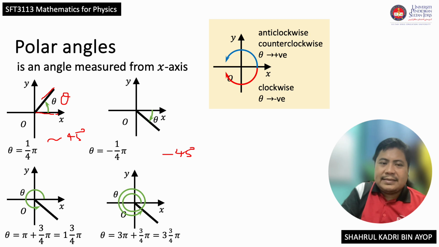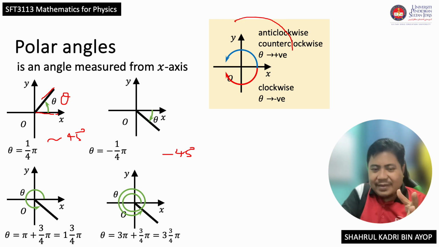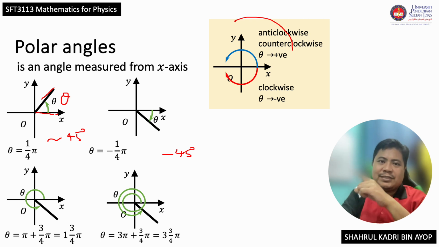The polar angle determines the sign of the value, the angle that we measure. So if you calculate from x and it is anticlockwise or counterclockwise, it is just the same. If you follow the measurement counterclockwise, the value is reported as a positive value. And if you use clockwise, you use negative notation or sign.